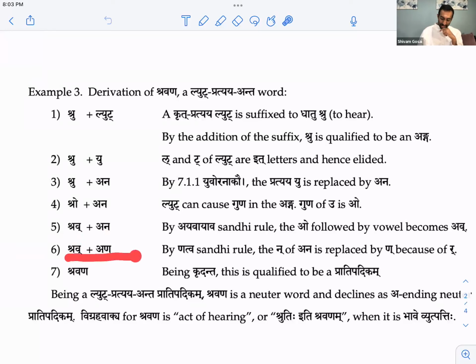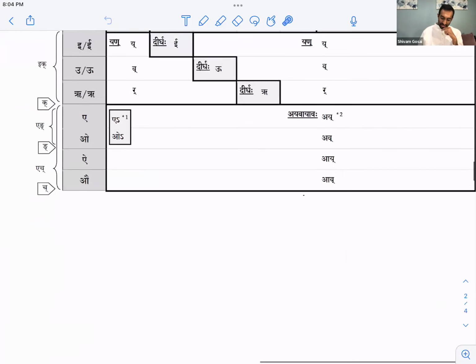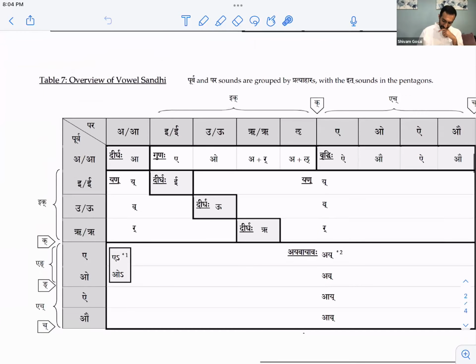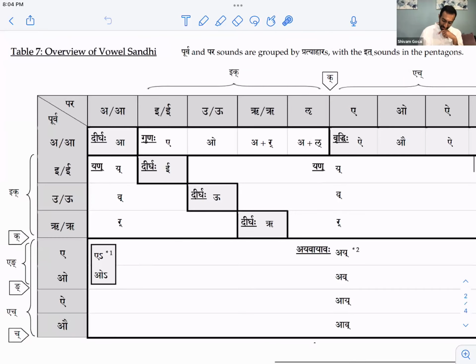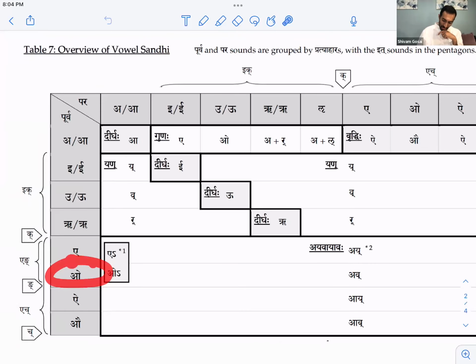So shrav plus ana, and finally the word is just added together, shravana. Okay, so just to see that, here, this is ayavayava sandhi, right? So if I have o followed by any vowel, it becomes av.